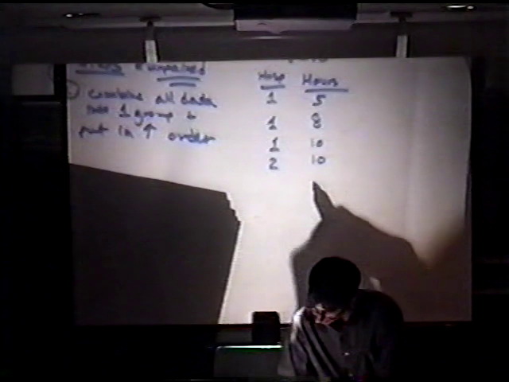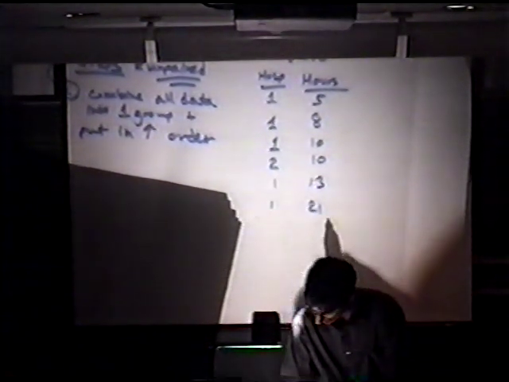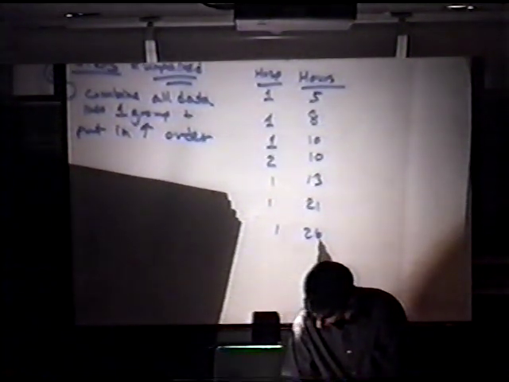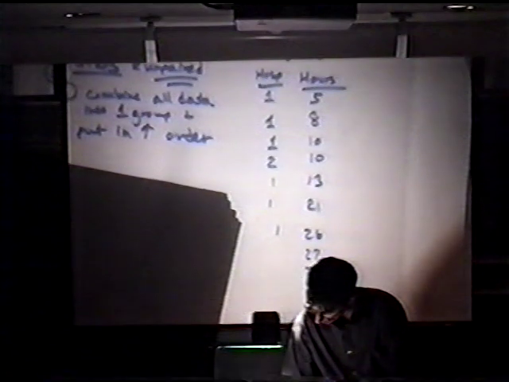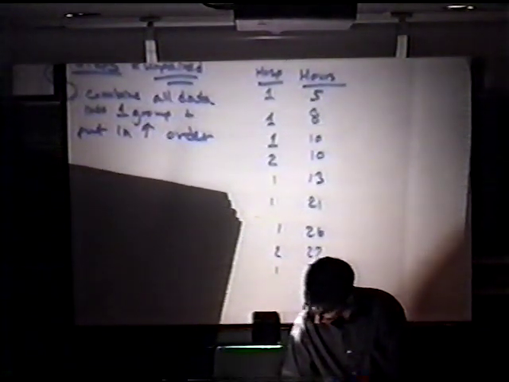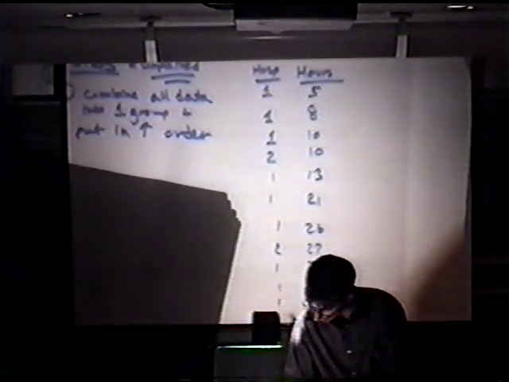So there's 13, 21, all at the first hospital, 26, also at the first hospital, 27 and 29, at the second hospital and the first hospital respectively, and 32, 33, both at the first hospital.